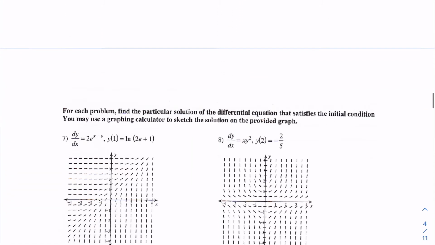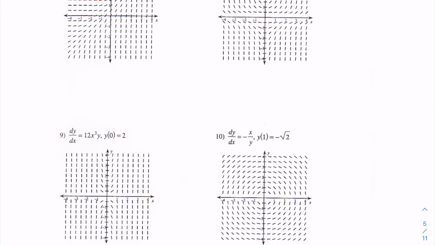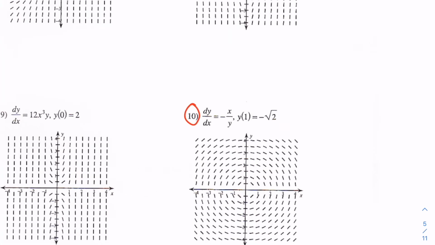And the slope field. The slope field shows us the slopes at all the points here. Let me go over one problem. Let's have a look at this one. If you look at y of 1, when x equals 1, y equals square root of 2, it is somewhere around here.